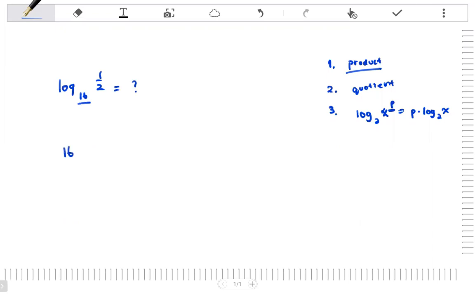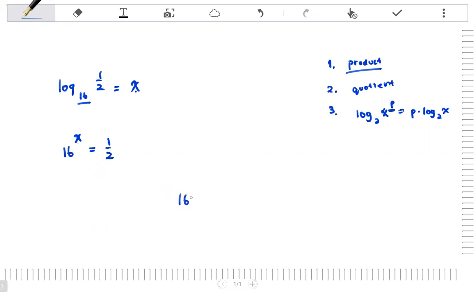We don't know what the answer is. So let's write x here, and half outside here. So now our question is 16 to the what power is half? Is this right? Yeah, this is right.